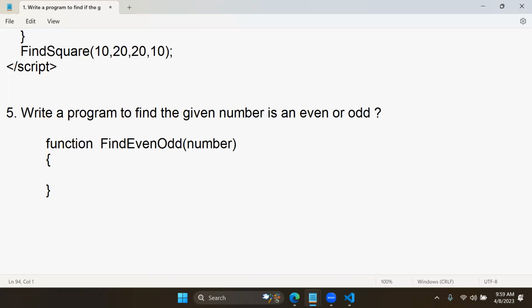Logic is simple, right? The number modulus divided by 2, the remainder value must be 0. Then it is an even number. So any number, modulus division by 2, and even.